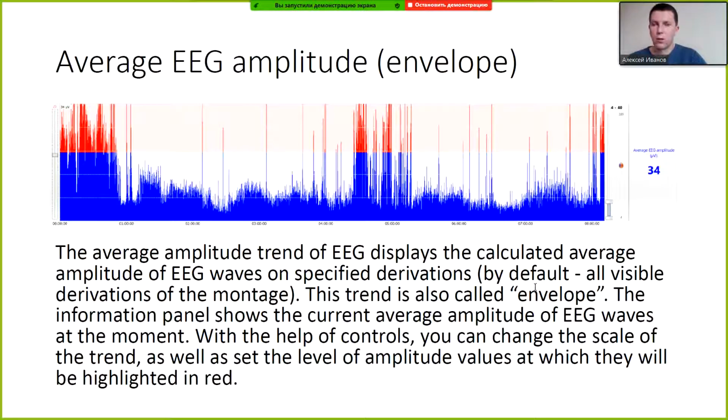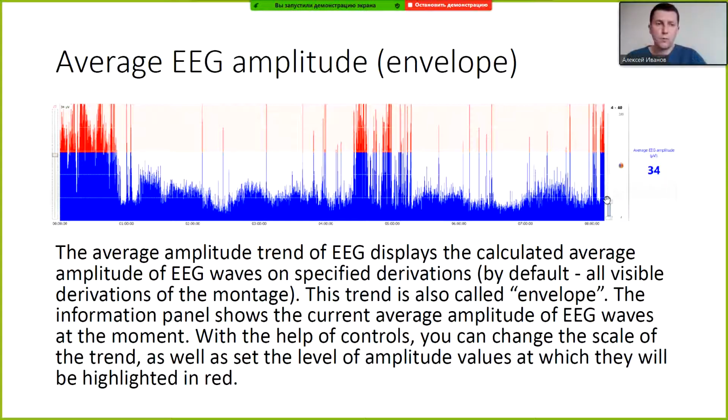Our next quite useful trend is average EEG amplitude, or the so-called envelope. This trend shows the average amplitude of EEG waves calculated by specified derivations, by default all visible derivations of the montage. The information panel shows the current average amplitude of all EEG waves at the moment.